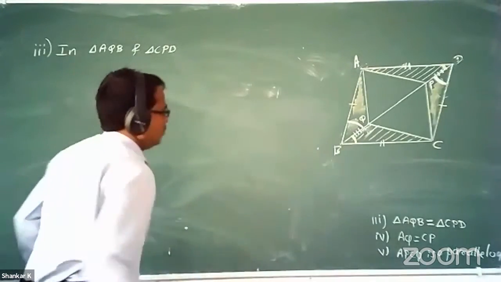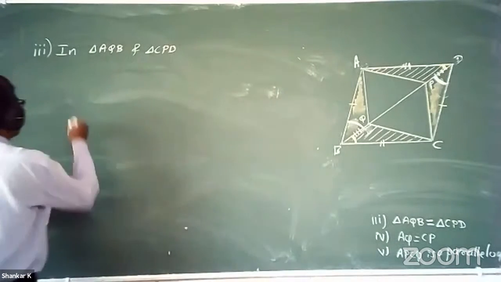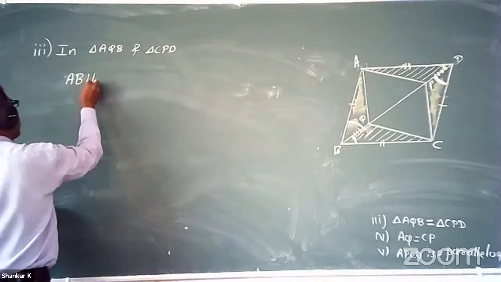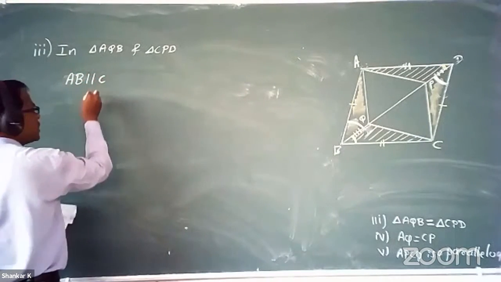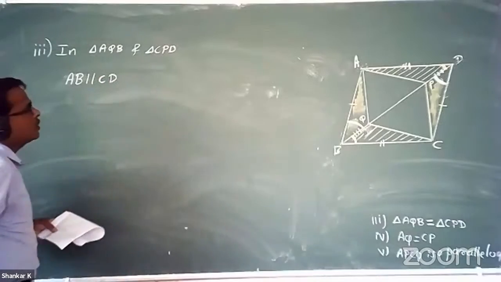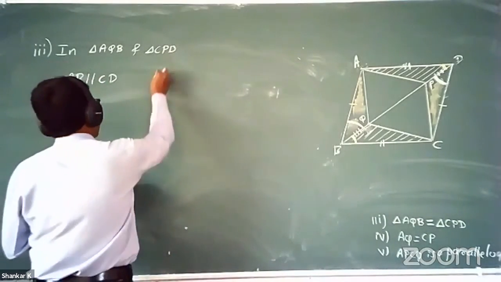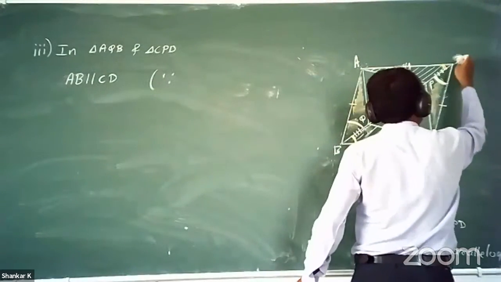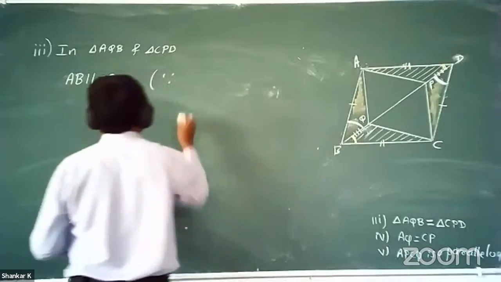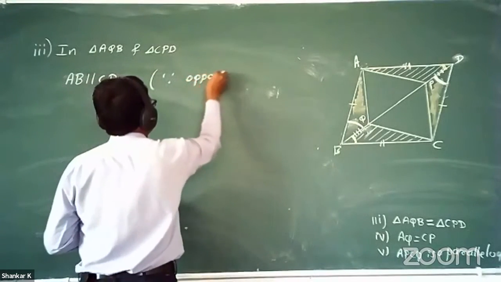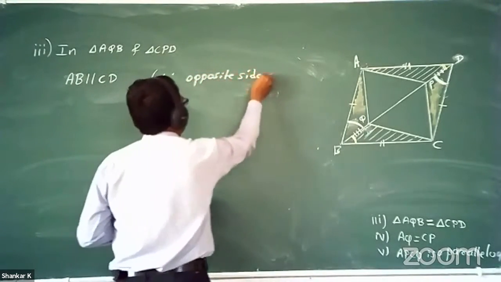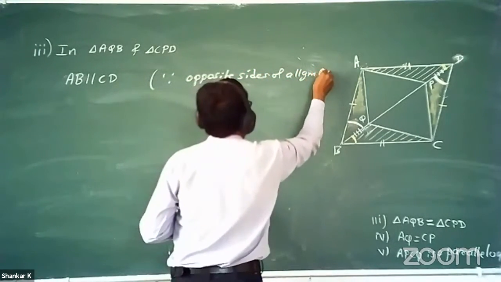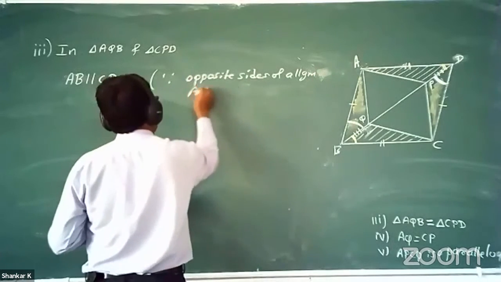Now write it. AB is parallel to CD. Why? Because these are opposite sides of parallelogram ABCD.